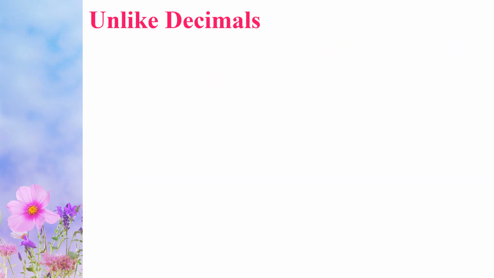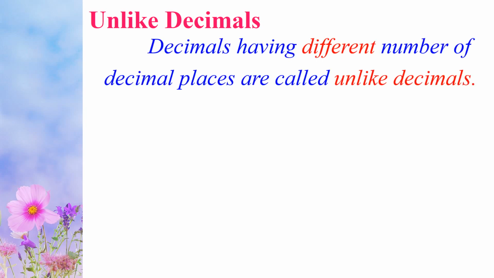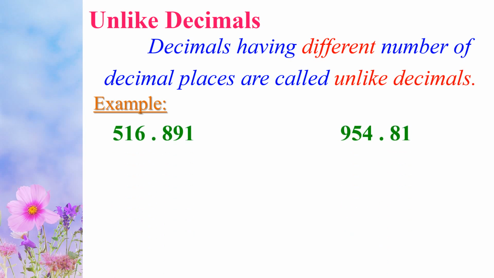Next, unlike decimals. Decimals having different numbers of decimal places are called unlike decimals. Let us understand with some examples. The given decimals are 516.891 and another decimal 954.81.